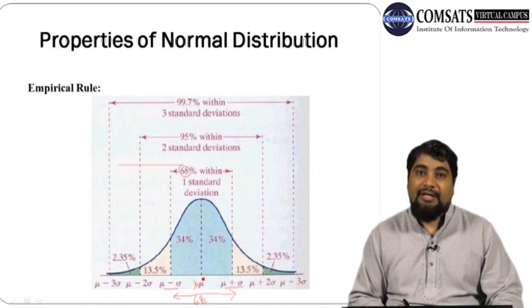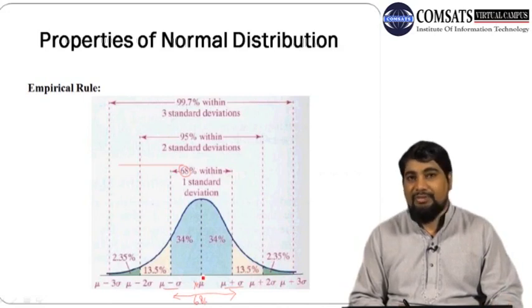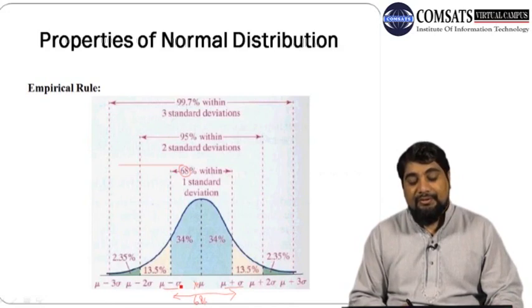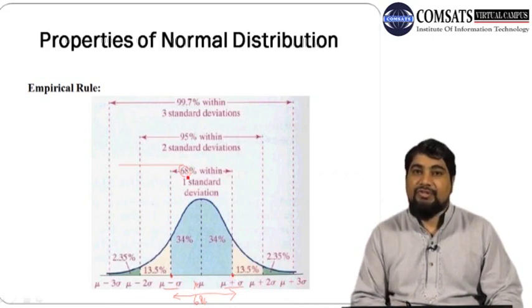And we can also go leftward, so we can subtract 1 times sigma from the mean to get mu minus sigma. So the probability that random variable x lies within this range from mu minus sigma to mu plus sigma is approximately equal to 68%.